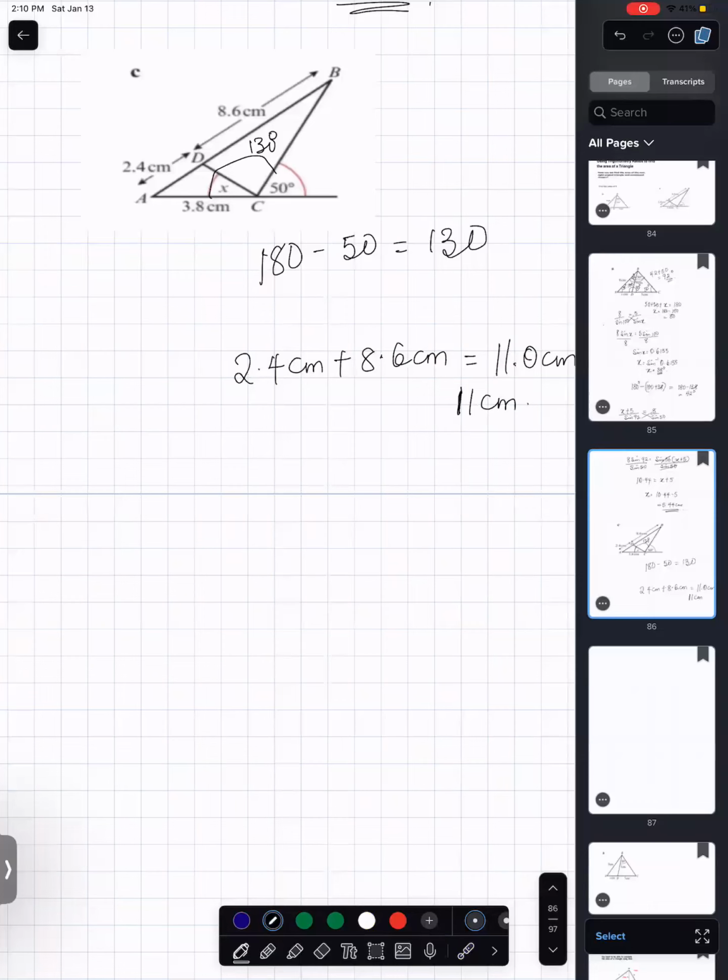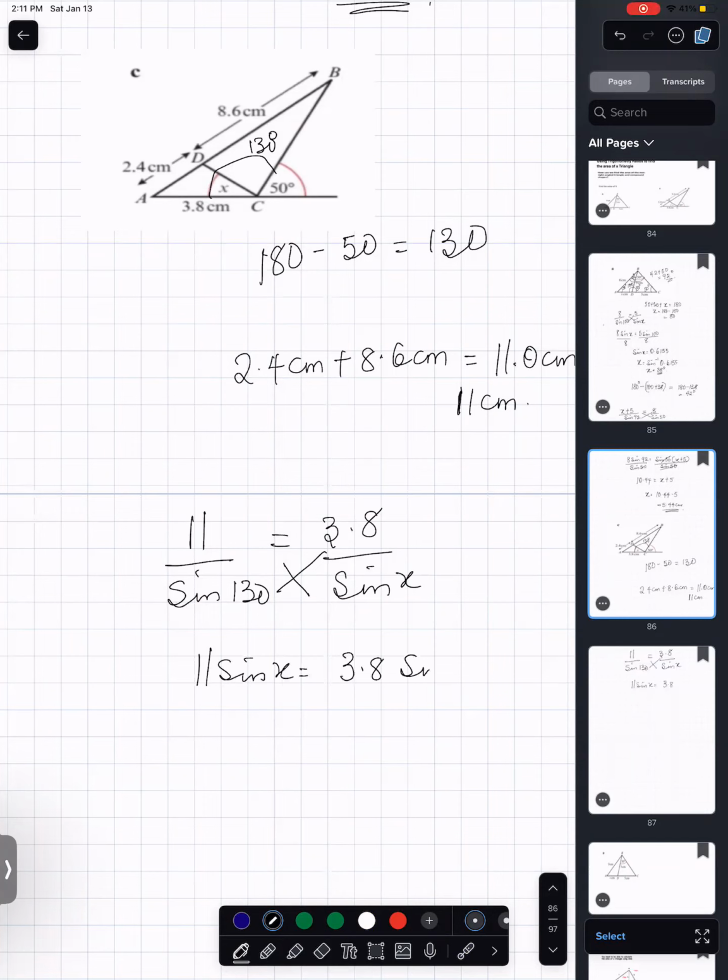So opposite to that, we have 11 over sine 130 equals 3.8, facing this marked angle up here, divided by sine x. So cross multiply, we have 11 sine x equals 3.8 sine 130. Divide both sides by 11.